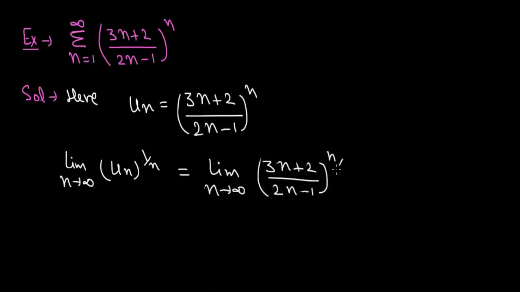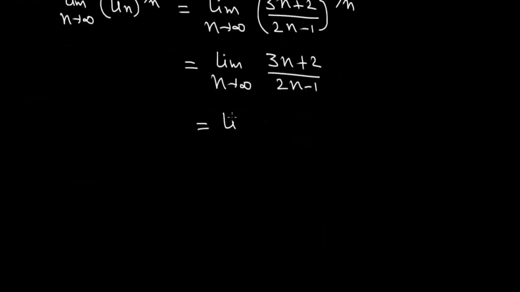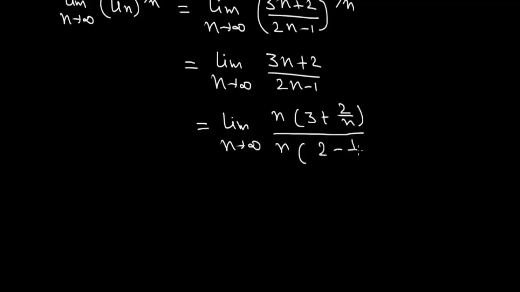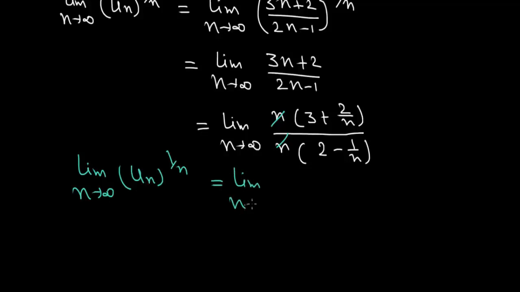To solve this, I take n outside, so in the bracket there is 3 plus 2 by n in the numerator, and in the denominator 2 minus 1 upon n.